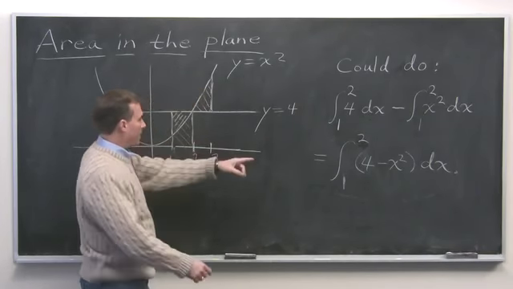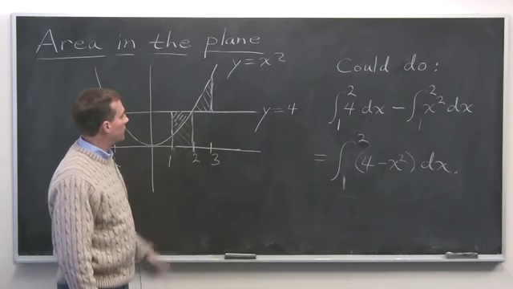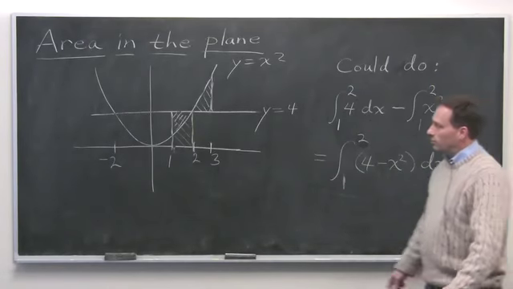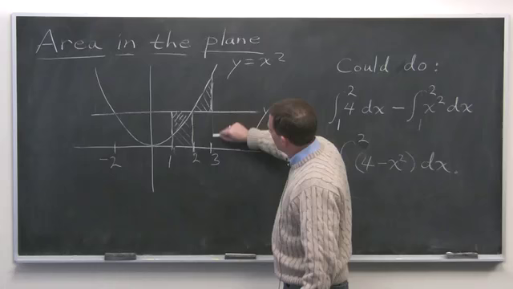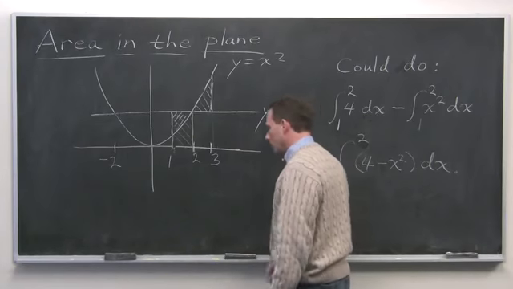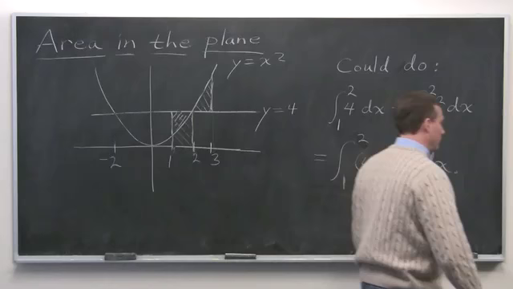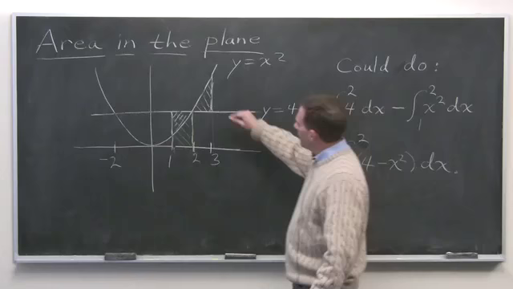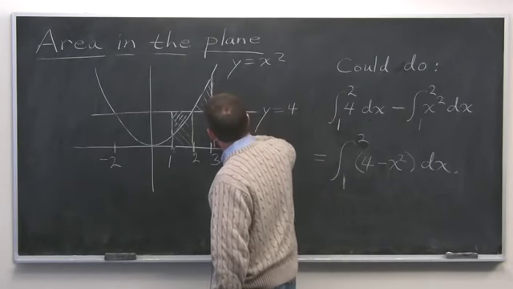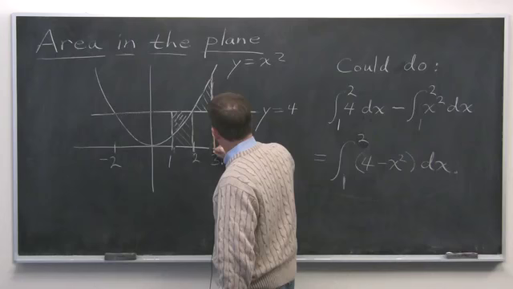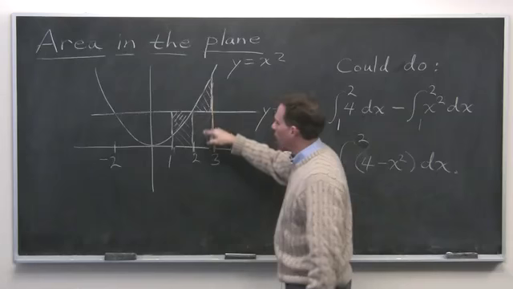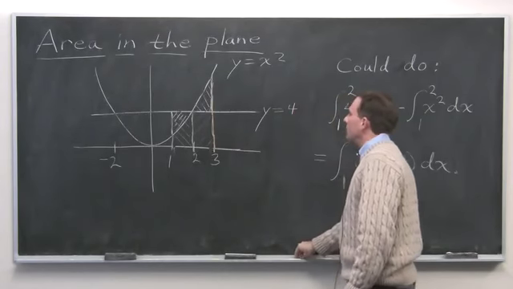So we could do that for this part of the area, and then for this part of the area, we could do the analogous thing. You can take the area completely below y equals x squared and get all of this, and then subtract that rectangle that's missing.